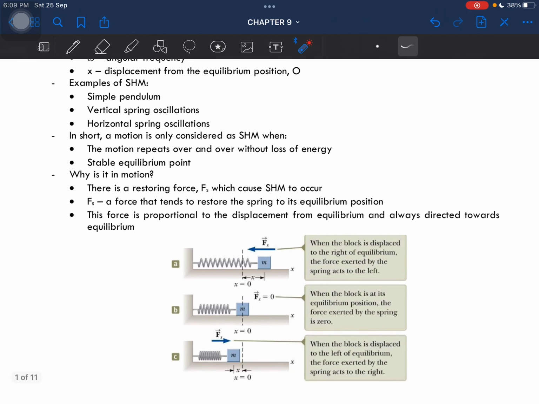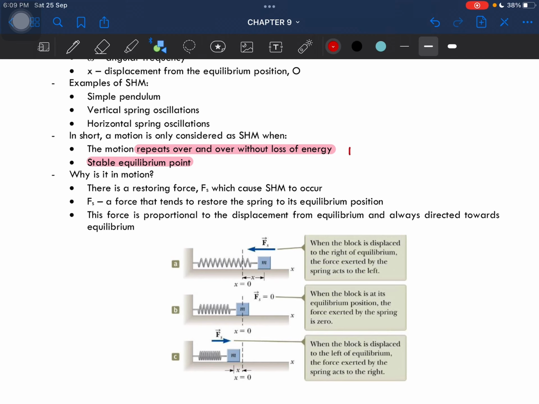In short, you can get an idea that this SHM motion is a motion that repeats over and over without the loss of energy, and it has a stable equilibrium point. Stable equilibrium point means it can go back to that point.